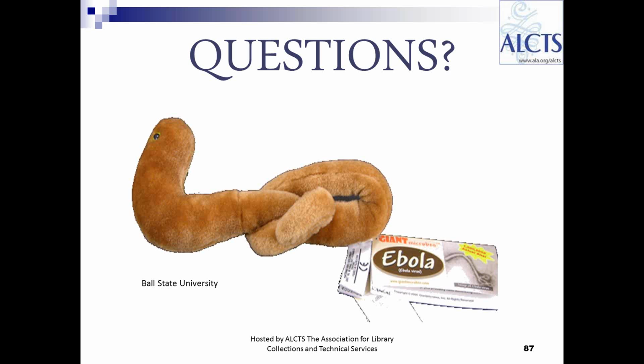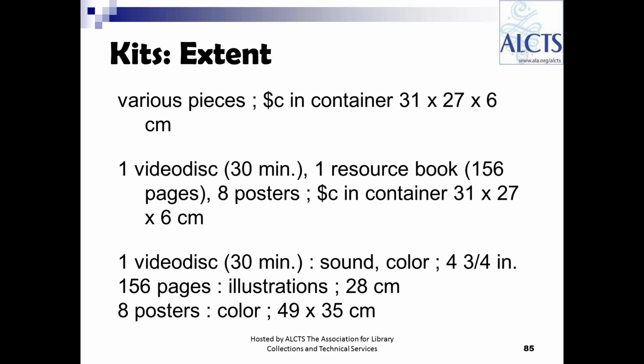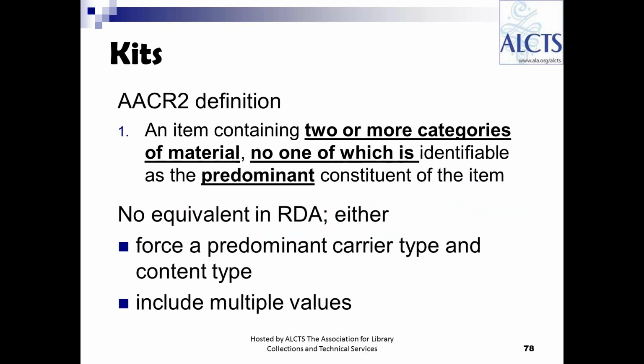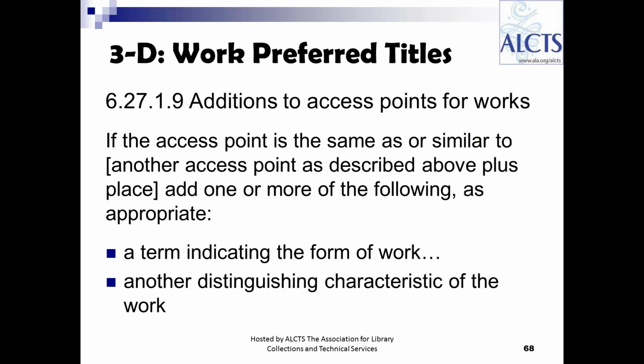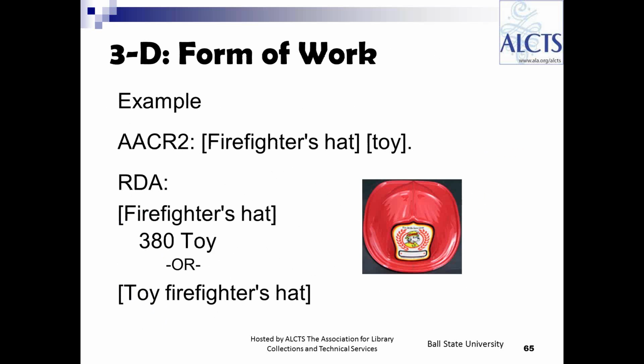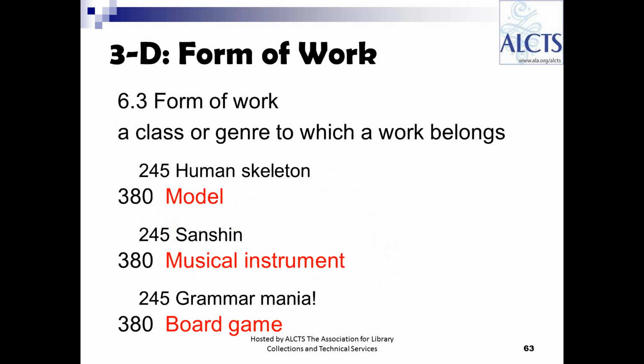So you could make that clear to people with the title. And you could, as I kind of talked about, use the form of work. If it wasn't clear from the title that it was a Lego set, you could use the form of work to bring out the fact that this is some kind of Lego set.